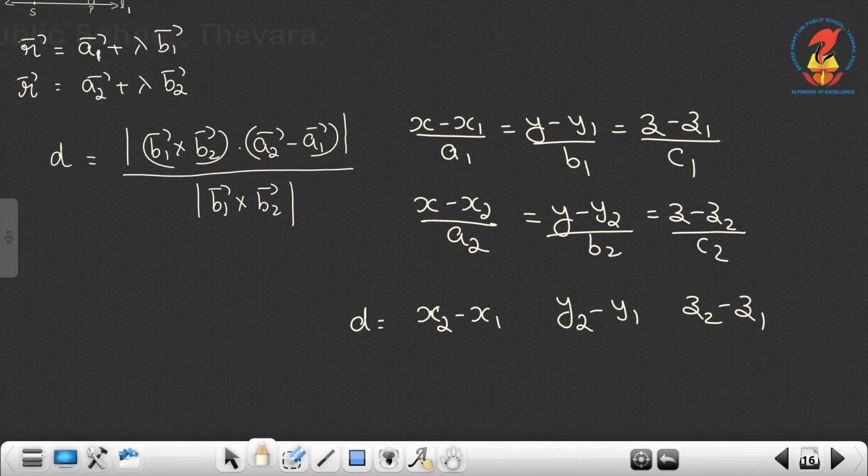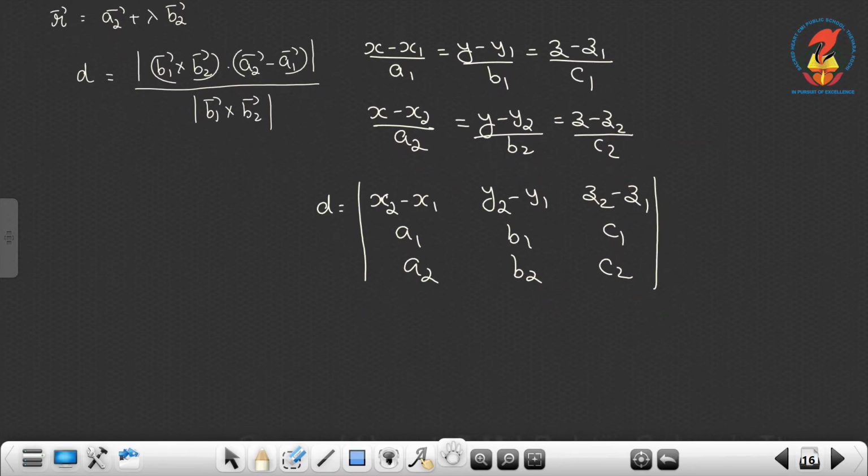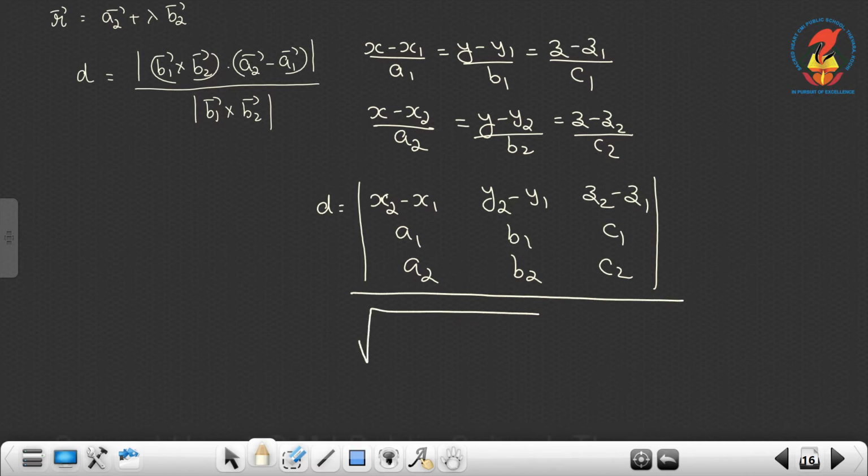Then b1 means the parallel vector's direction ratios, and b2 is the second line's. So a1, b1, c1, a2, b2, c2. The determinant of this is the numerator, and then the denominator we have to write.